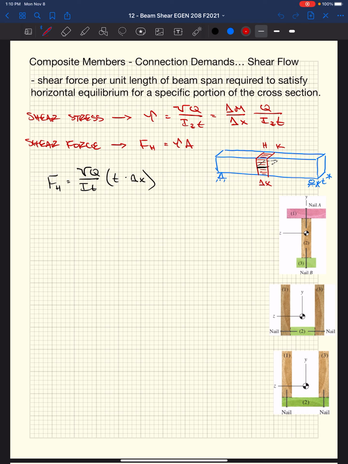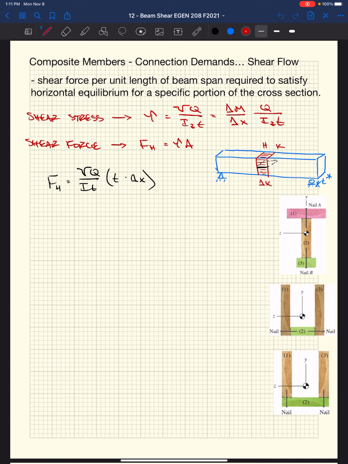In house construction these days, a lot of times floor systems are made out of a wood I-joist, which looks similar to something like this, but it's two different materials that are glued together. And we need to figure out what force the glue has to handle to make a composite section act like one continuous member.